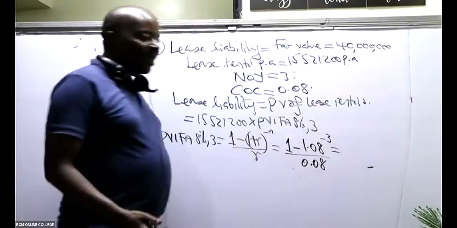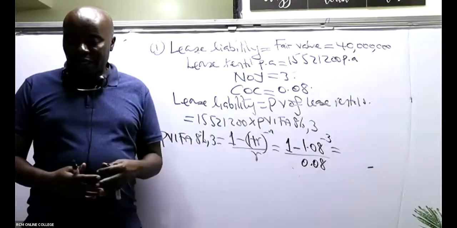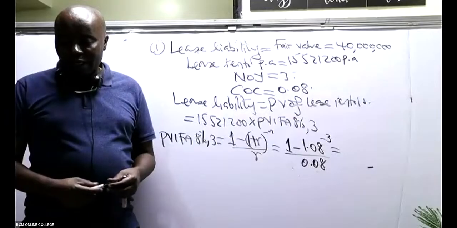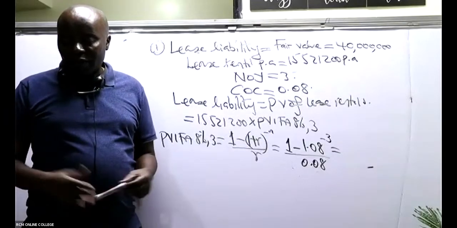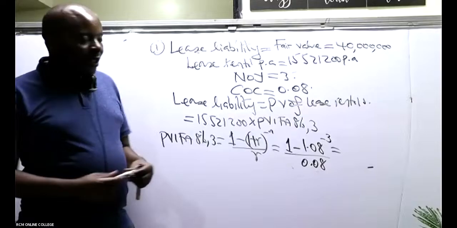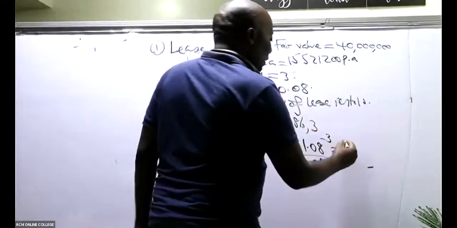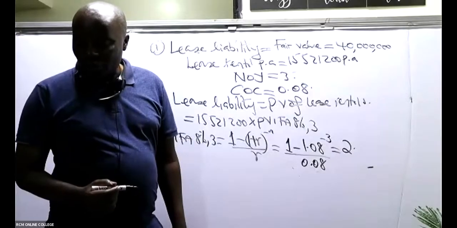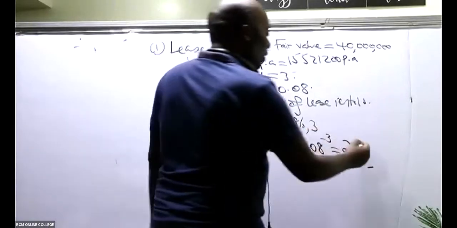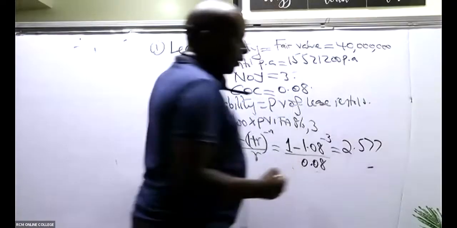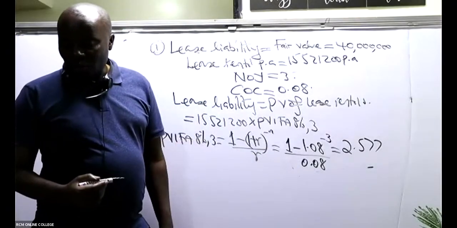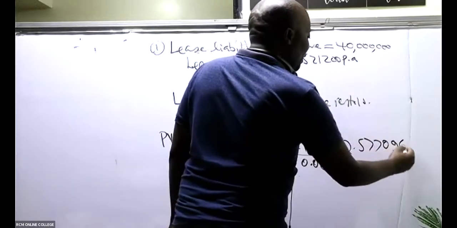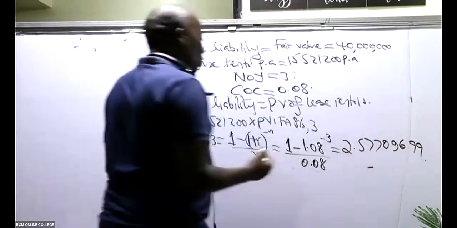It is 2.5771, 2.577, 0.9698, 0.9699. Just like that. Thank you so much.